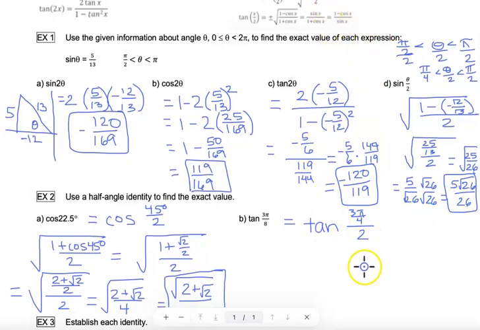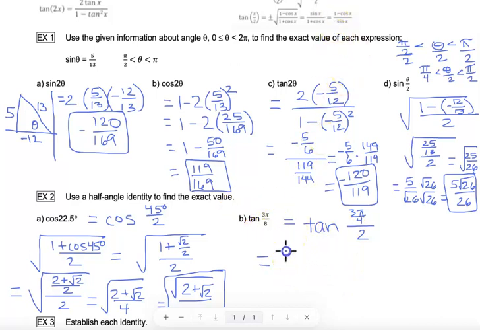I'm going to do 1 minus cosine of theta over sine of theta. And 3 pi over 8 is less than a half of a pi. So I am in quadrant 1, so it's going to be positive as far as that goes. So I know that the overall answer should be positive.